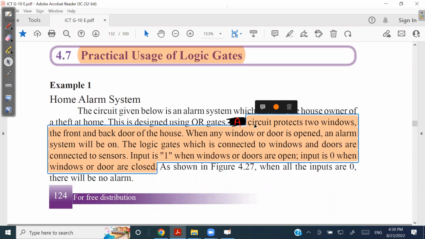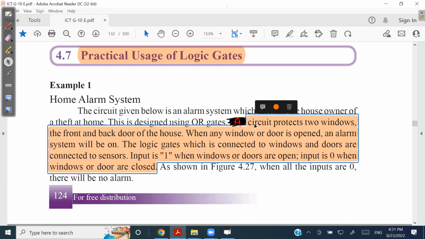Or can someone post that sentence to the chat, so people who are missing that sentence can refer? Sir, I put it to the group.